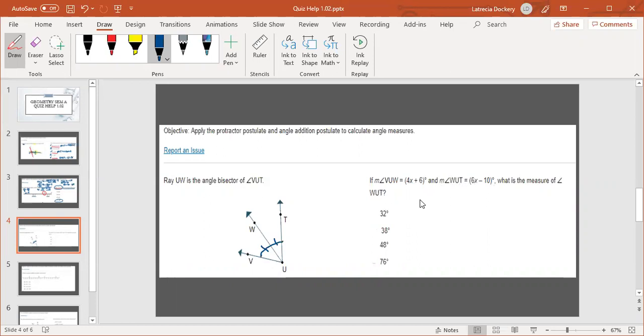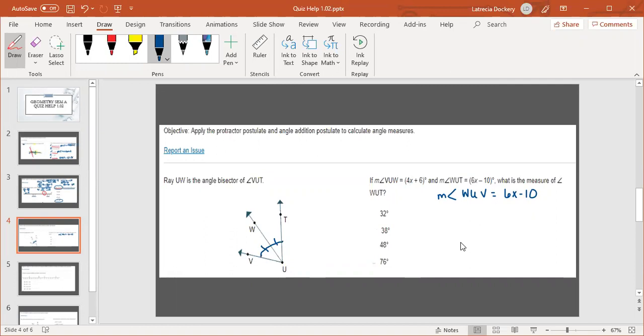Let's figure out how we're going to do that. They don't give us the measure of angle WUV, but what do we know about that angle? Since UW is a bisector, these two angles are congruent, so the measure of angle WUV is also 6x minus 10.